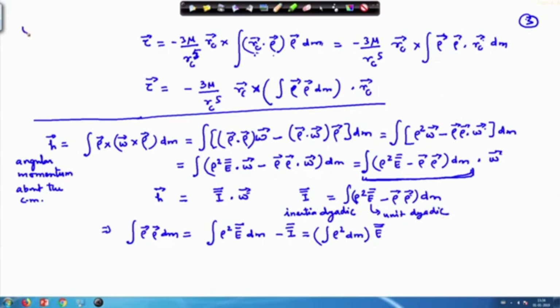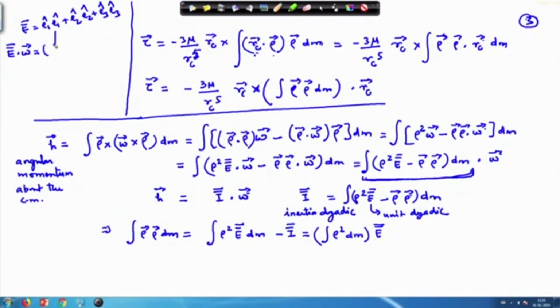Unit dyadic, how we have written E double bar, this quantity will be equal to E 1 cap E 1 cap, E 2 cap E 2 cap, and E 3 cap E 3 cap. If you operate with this unit dyadic on any vector, that vector remains unchanged, as you can check.